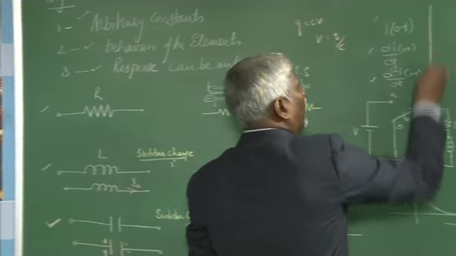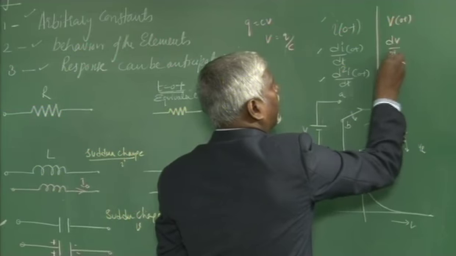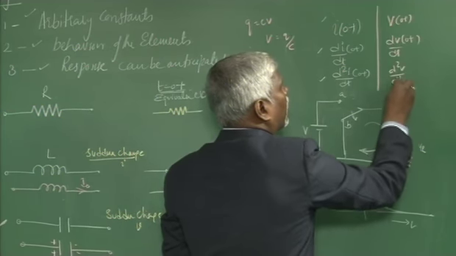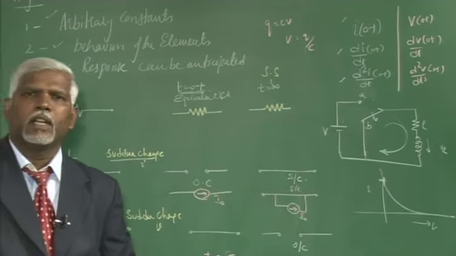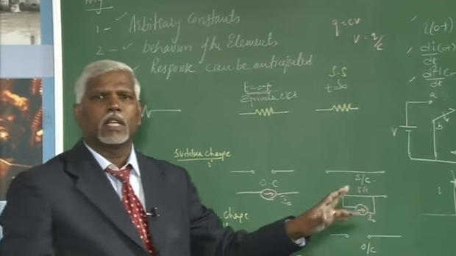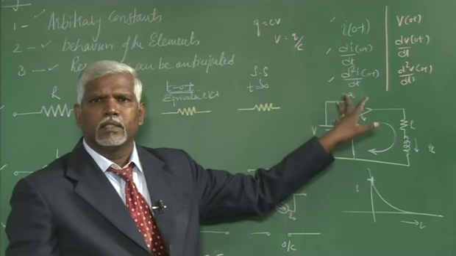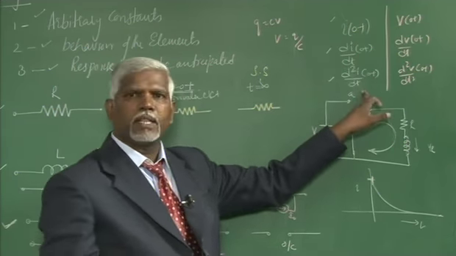It can be voltage at 0 plus, dv by dt at 0 plus, d squared v by dt squared at 0 plus. It can be the voltage across an element, it can be a voltage across a switch, it can be current through any loop, it can be I1, I2, whatever. But what is the importance of I at 0 plus, di by dt, d squared I by dt squared?